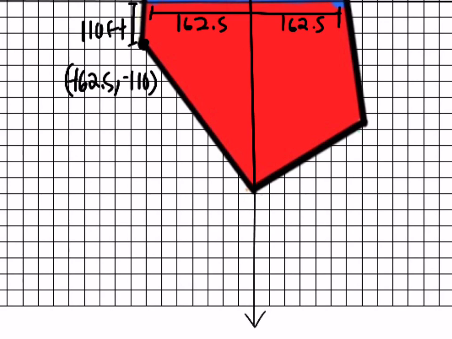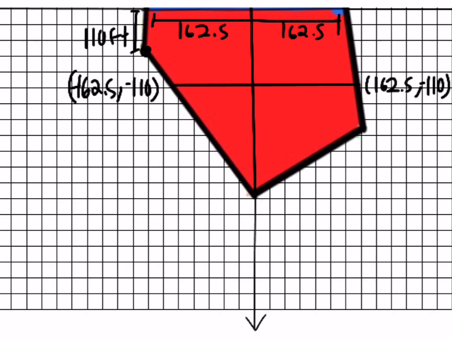Now once again, I'm trying to find the second coordinate, the one with the 110 feet height, as this part is mainly straight, so it's safe to assume that this has a y value of negative 110, since it's in the third quadrant. And since we already know the across distance of this figure at the bisecting line is 162.5, this coordinate will be negative 162.5, comma negative 110.